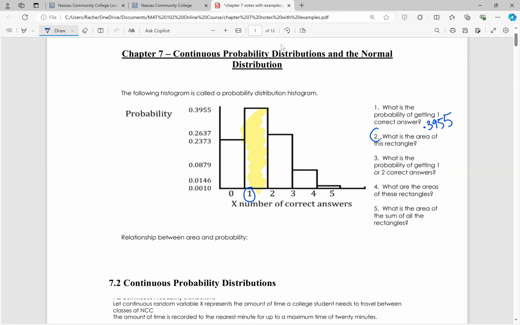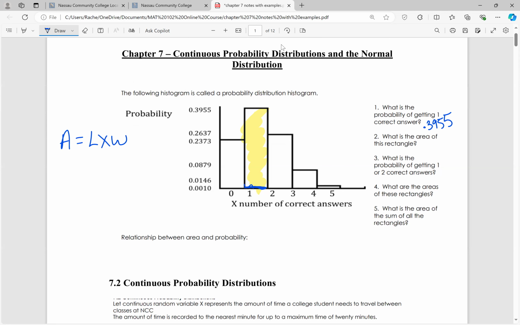So let's look at question 2. What is the area of this rectangle? So that's a little weird, right? A little bit different. We haven't answered a question where we had to find area, but I'm going to make a connection between probability and area. So just go with me with this. You guys know area, right? Area of a rectangle is equal to length times width. So the area of this rectangle that I have shaded, well, the width, the bottom, is equal to 1 unit.